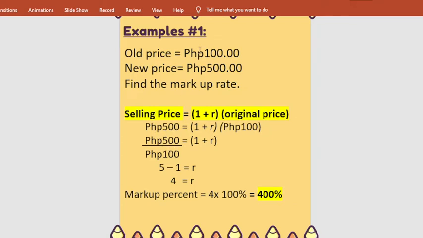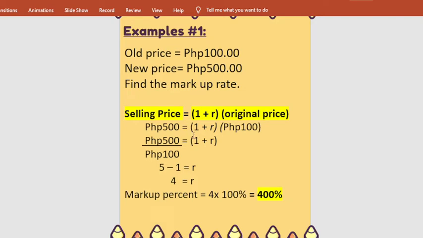Okay, so substitute the given value. The selling price is 500 is equal to 1 plus rate times the original price, which is 100 pesos. Okay, so 500 over 100 is equal to 1 plus rate. Okay, so 500 divided over 100 is 5.